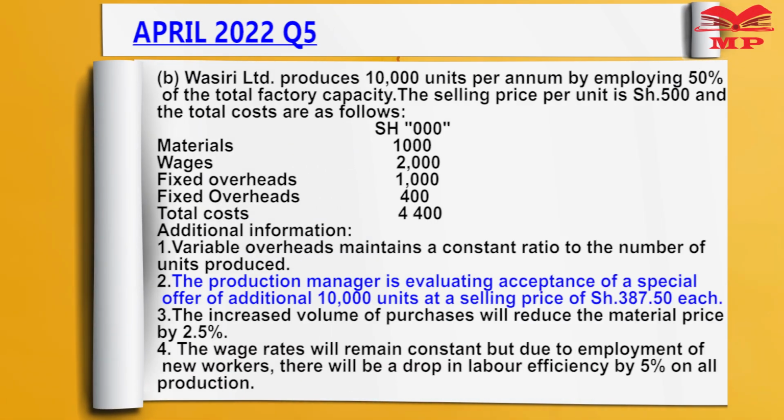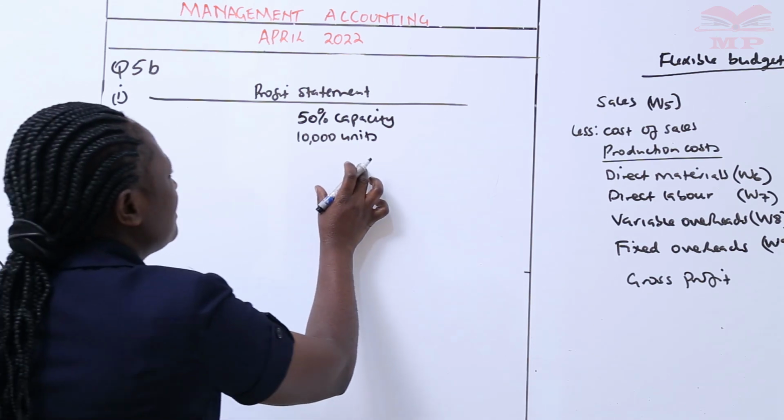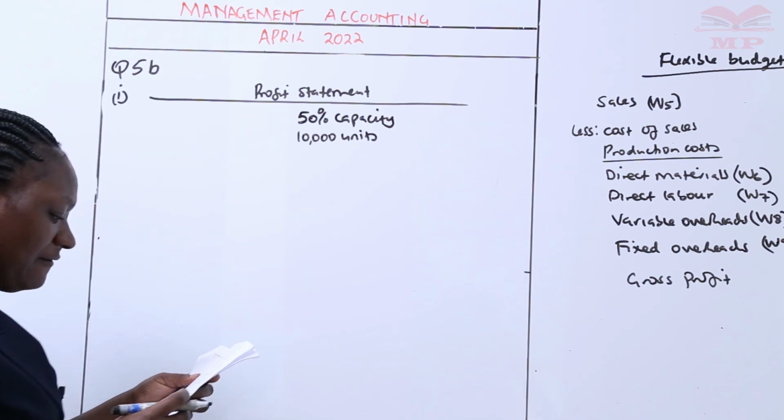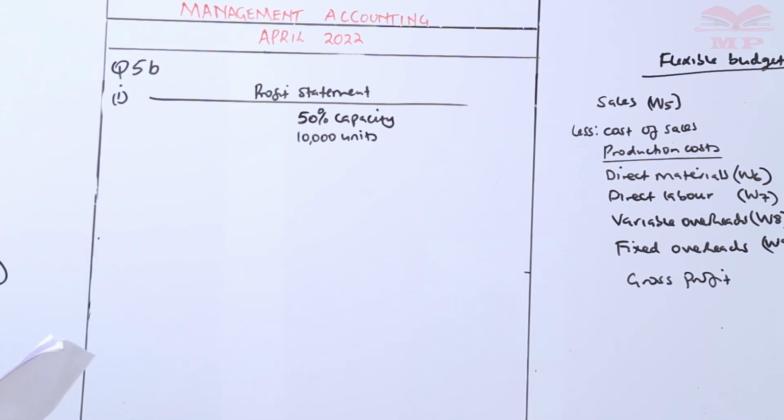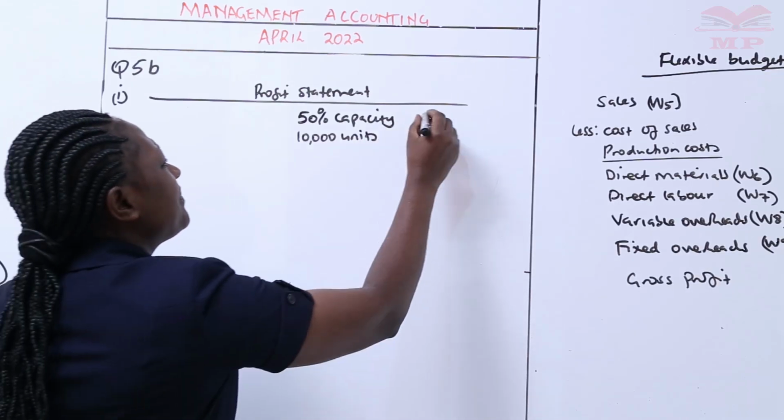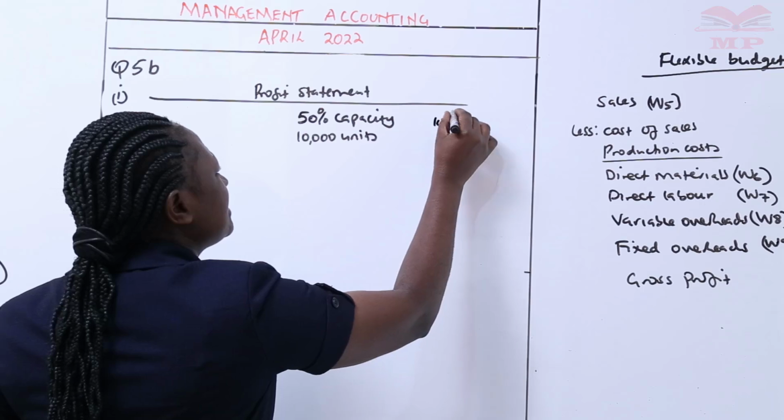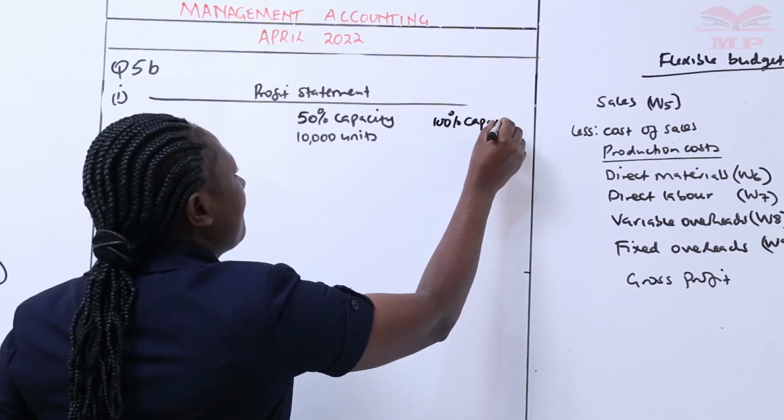And we are also told that the production manager is evaluating acceptance of a special offer of additional 10,000 units. So when we have an additional 10,000, it means that we have additional capacity to 20,000 units, and that will represent 100% capacity.